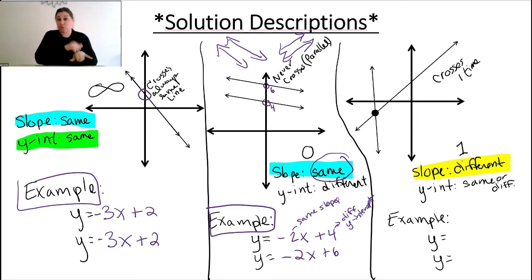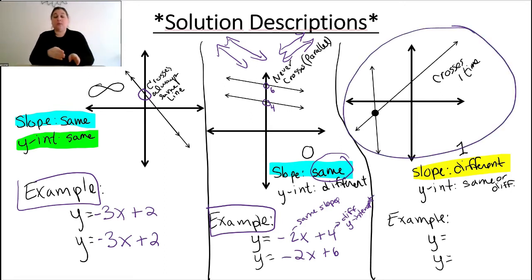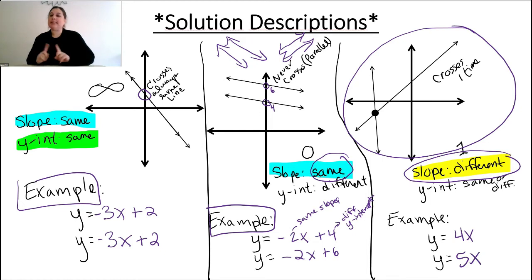Okay, now for the third one, they cross once. So automatically, their slopes are different. This is how you can recognize them. I'm just making up numbers here for slope. Okay, if you see that there are different slopes, no matter what the y-intercept is, no matter what, automatically one solution.